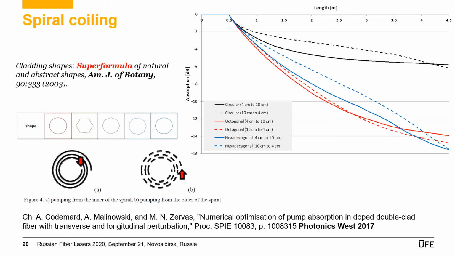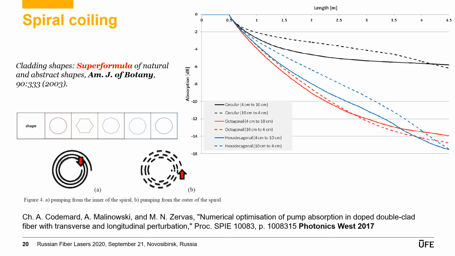Look here for the absorption graph, and you see that the octagonal and hexagonal fibers got almost the same overall absorption, but there is a different absorption rate along the fiber. So when you pump it from the outer part of the spiral, you get a smaller or slower absorption rate at the beginning of the fiber and a higher absorption rate at the end.